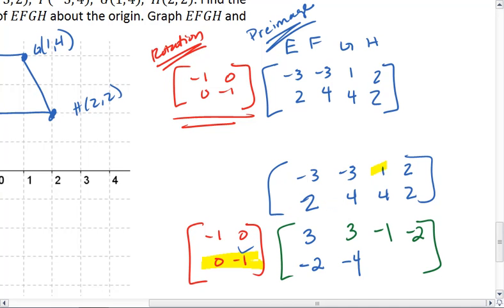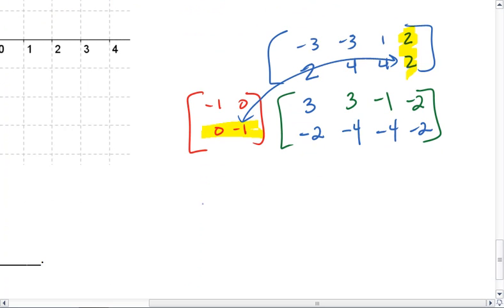Second row by the third column. Negative 1 times 4 is negative 4. And then second row times the fourth column. Negative 1 times 2 is negative 2. So my image matrix is 3, negative 2, 3, negative 4, negative 1, negative 4, negative 2, negative 2.